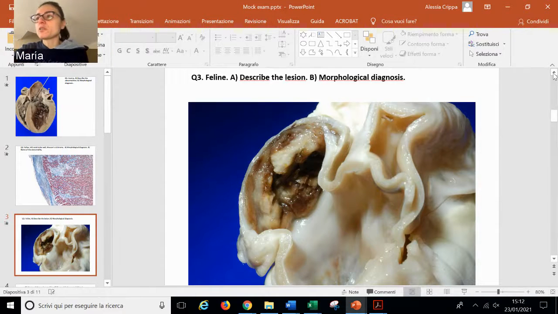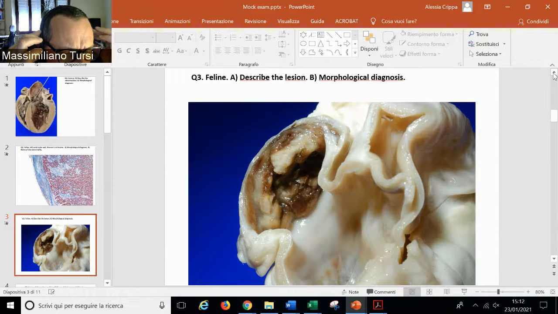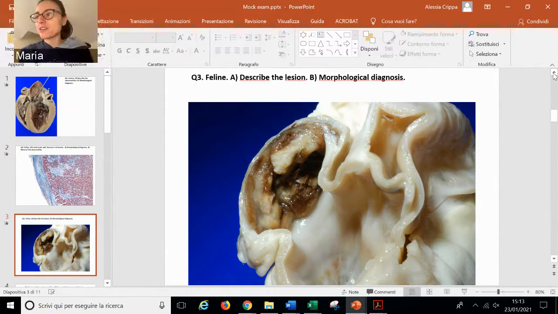Yes, I thought thrombus. I wasn't clear whether it was an infiltration or an adhesion, but I thought it was. So did you recognize the thrombus? Yes. I had questions about the wall of the atrium, but sure.